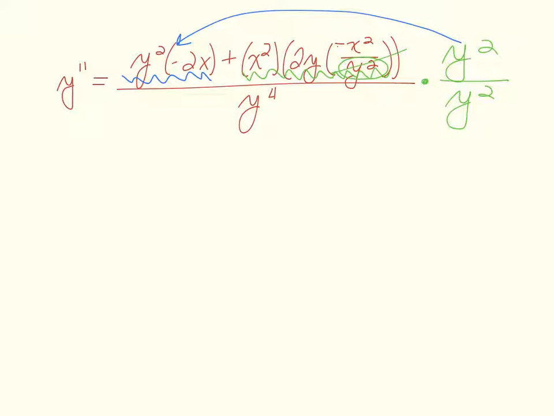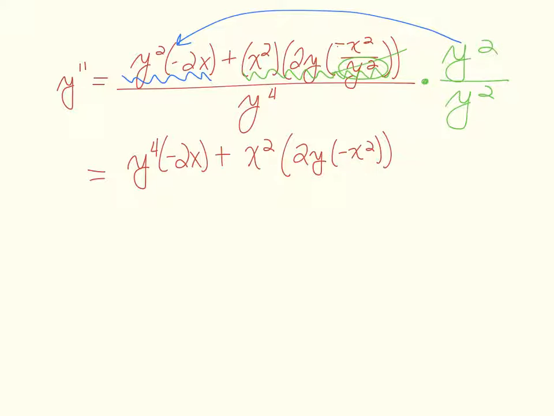So our first term turns into y to the fourth, right, y squared times y squared, times negative 2x. Plus x squared times 2y times negative x squared. All over, now it's y to the sixth. Y to the fourth times y squared is y to the sixth.